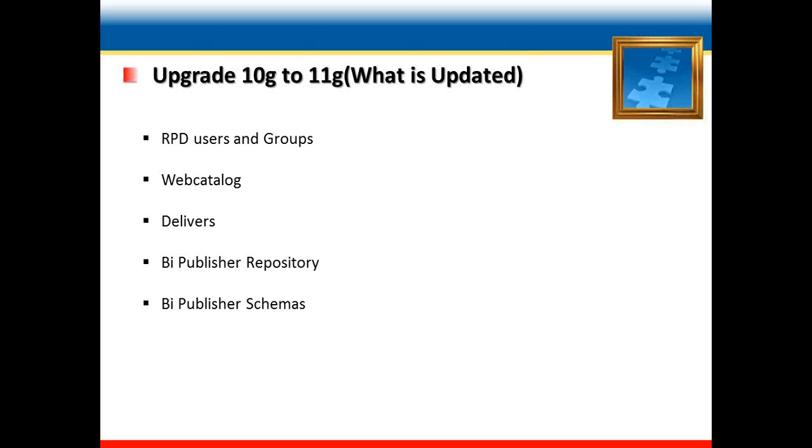And now I'm going to explain upgrading 10G to 11G and what exactly gets updated while upgrading OBIEE 10G to OBIEE 11G, that is, which artifacts get updated. First the RPD, users and groups, and second the web catalogs, where the reports are inside the web catalogs, and third the delivers, and fourth the BI Publisher repository, and last the BI Publisher schemas, which are updated for 11G when upgrading from 10G to 11G.